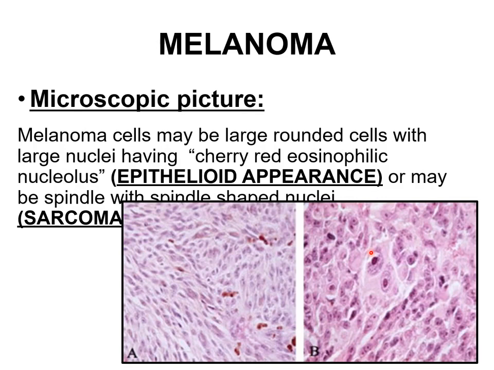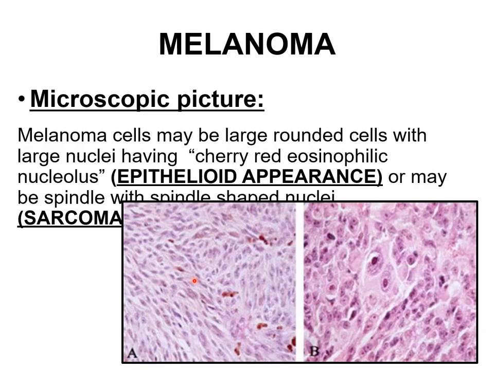Epithelioid means epithelial-like. Or it may be spindle cells, so we call it sarcomatous appearance. Here are the spindle cells. Melanoma is characterized by different shapes; the cells may be epithelioid, sarcomatous, or other shapes.